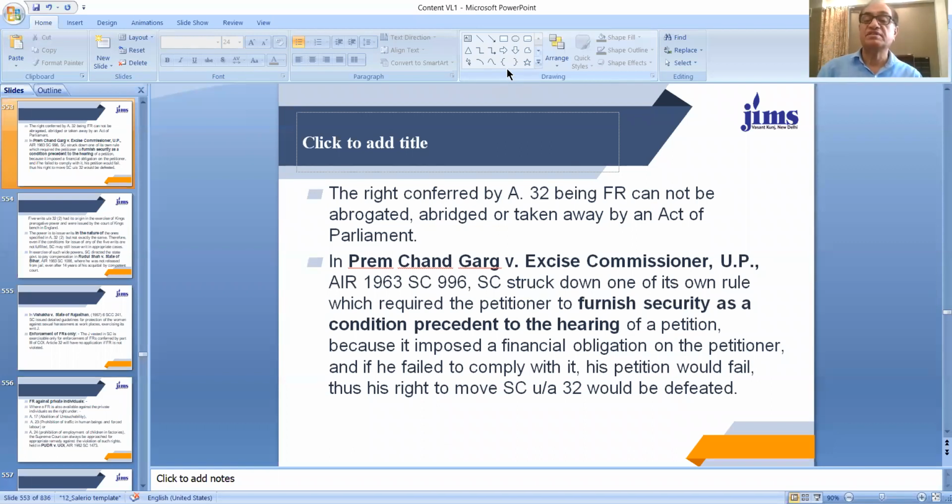So such a rule framed by the Supreme Court was struck down by the Supreme Court itself, holding that a condition requiring the petitioner to furnish security as a condition precedent to the hearing of a petition is bad because it curtails the right of a petitioner under Article 32 for the enforcement of his fundamental rights.